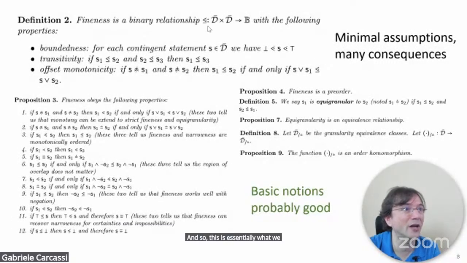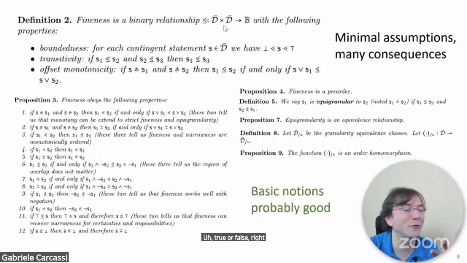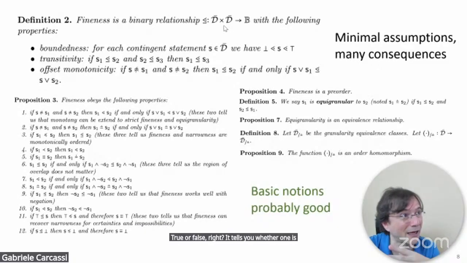We're going to have some theoretical domain, like we had defined from the topologies and the sigma algebra from the verifiable statements. You have a relationship that takes two statements and tells you true or false. It tells you whether one is finer than another.